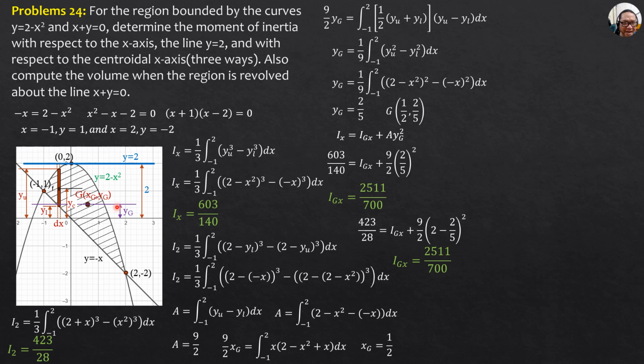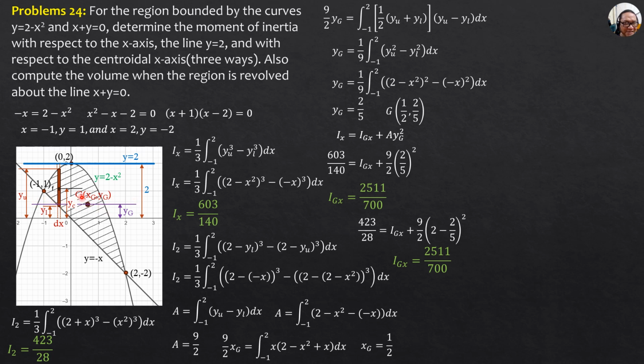So I consider a horizontal strip, and since there are three integrals, because for this portion here, right x is the parabola, left x is this line here. And it is bounded also by this centroidal axis.